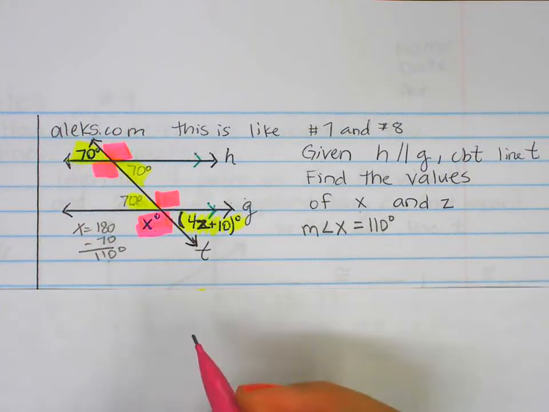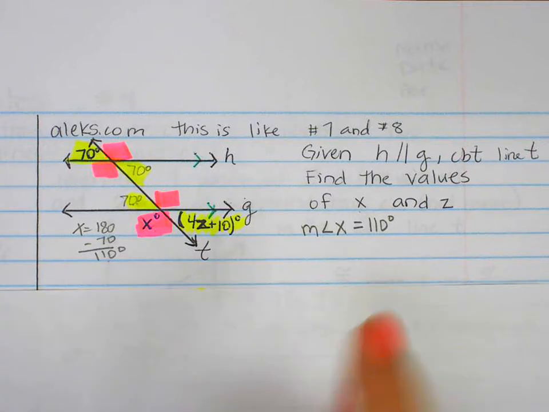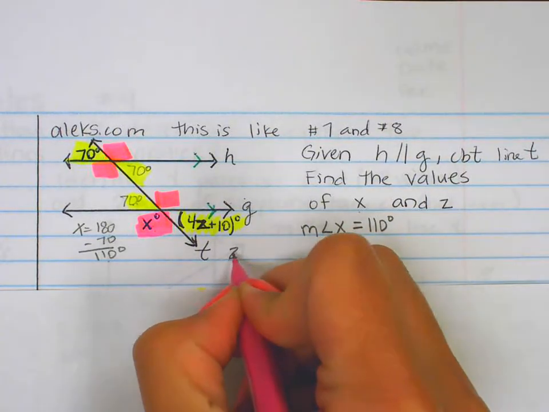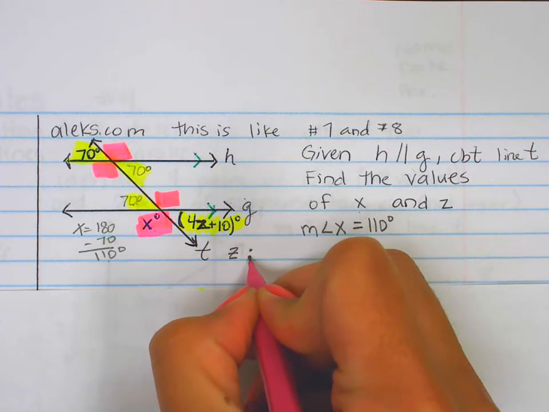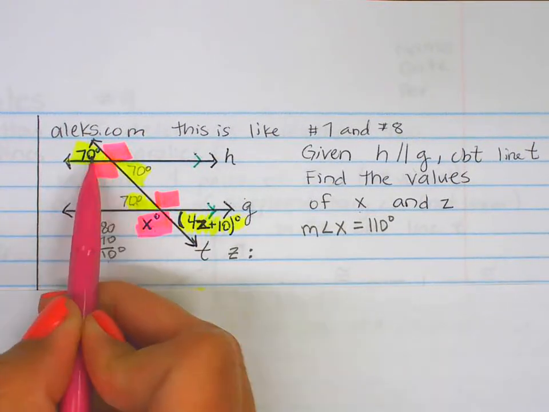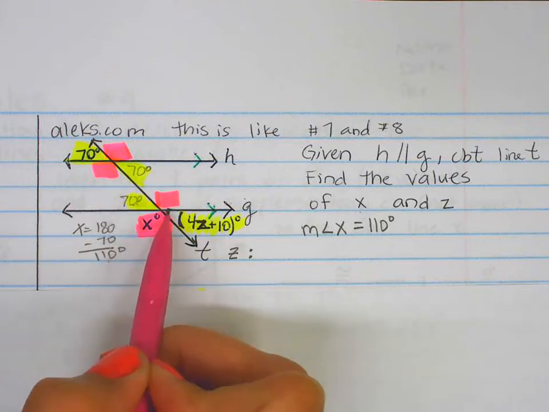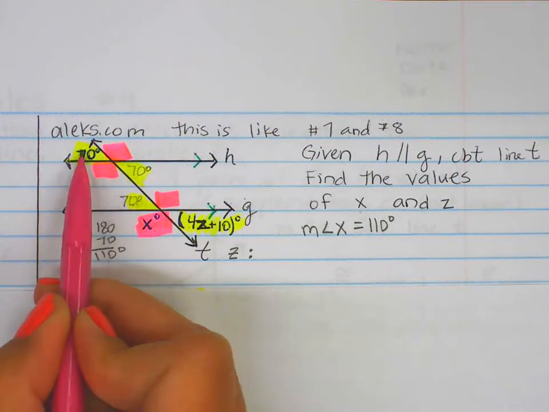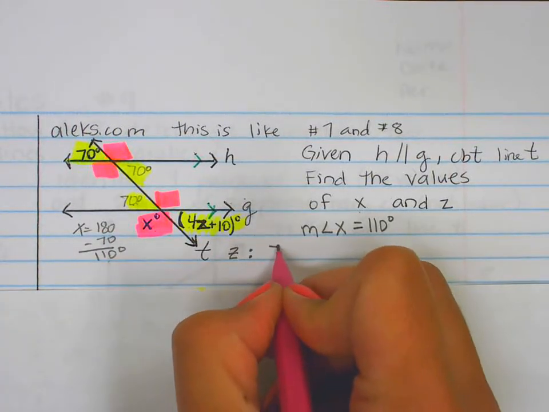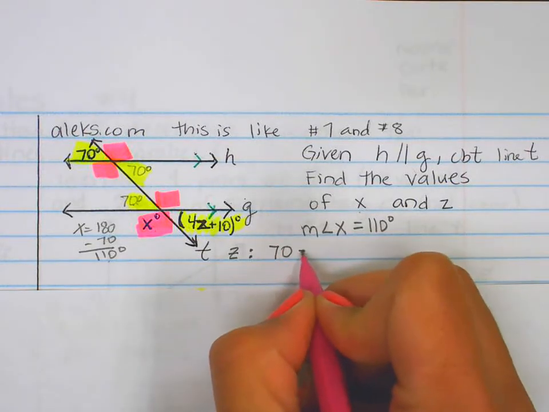Okay, so then to find Z, let me do the work for Z over here. I can see, oh, they are congruent because they're alternate exterior. When we have 2 parallel lines cut by transversal, alternate exterior angles are congruent, so their measures are equal.